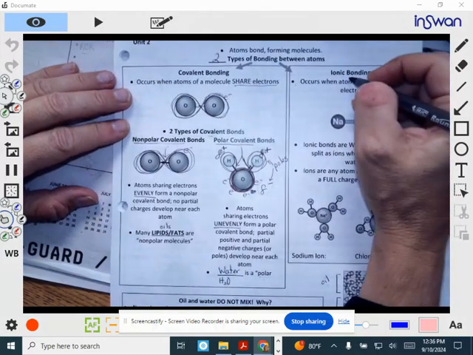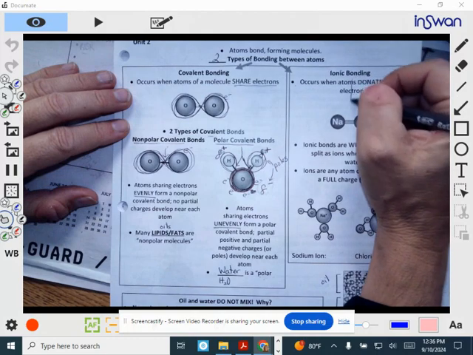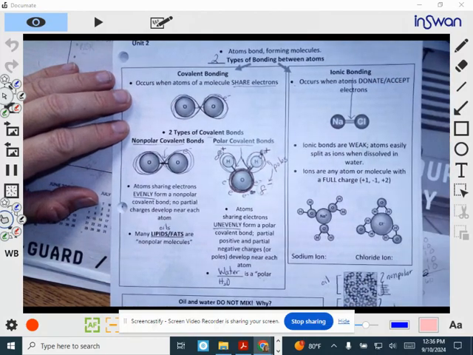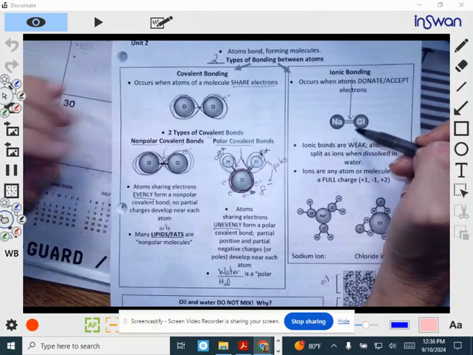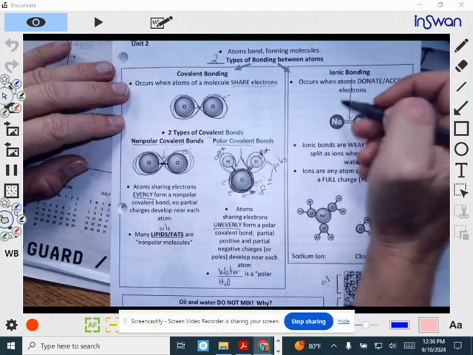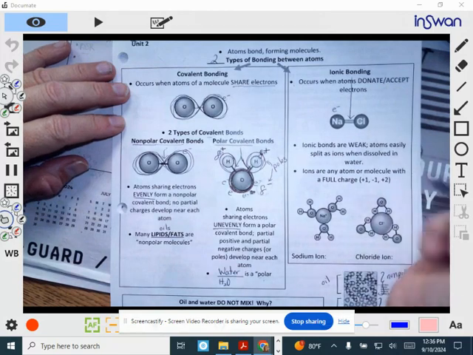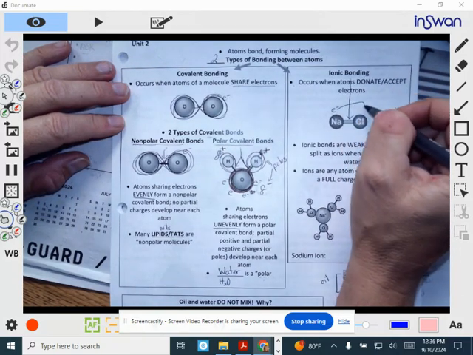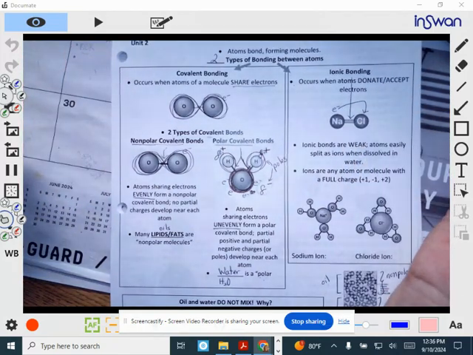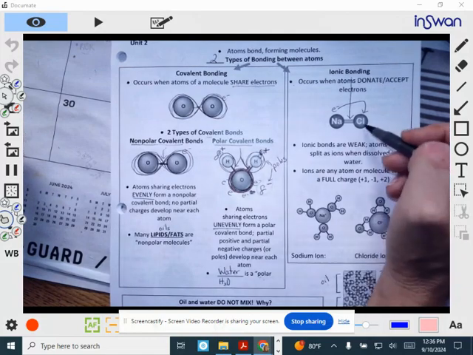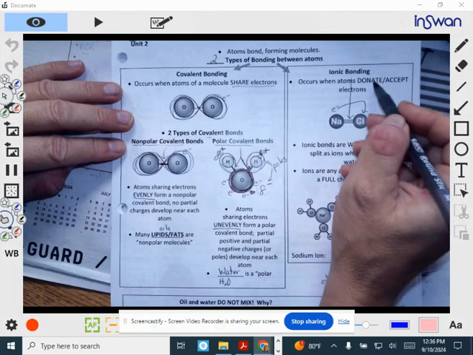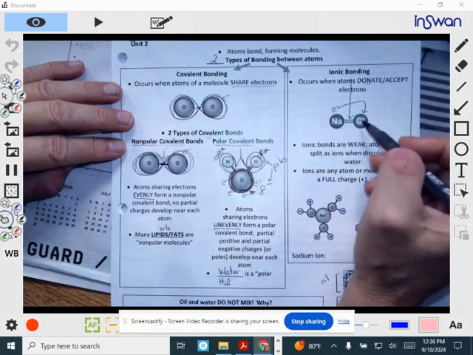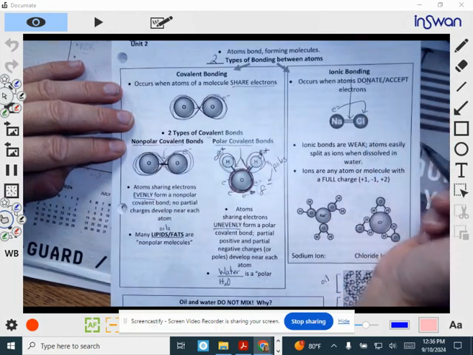If an ionic bond is occurring, what is happening is these two atoms are not sharing electrons. One wants to completely give up an electron, so it will donate it to the other one. So we say that the sodium is donating the electron, and the chloride is accepting it.